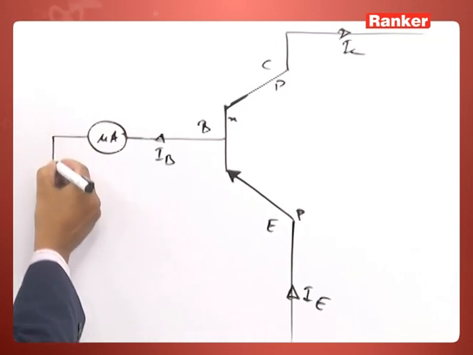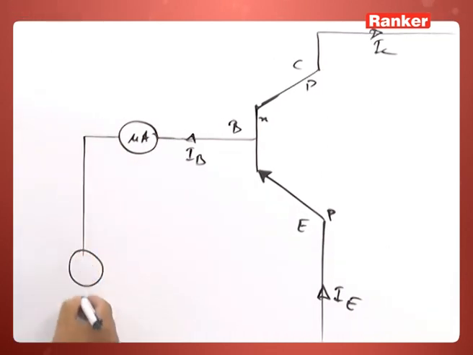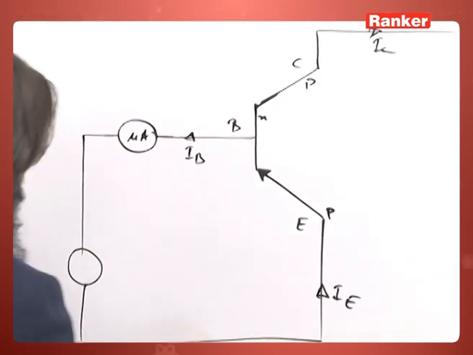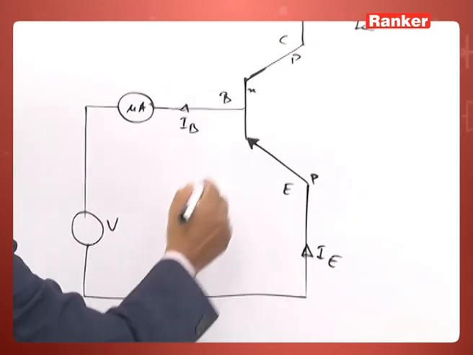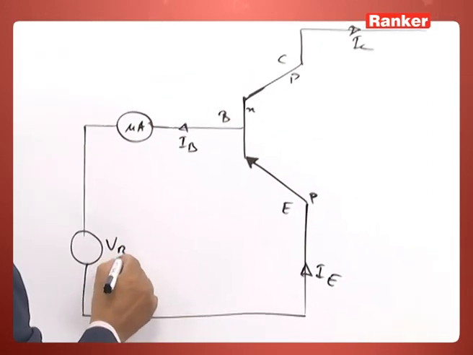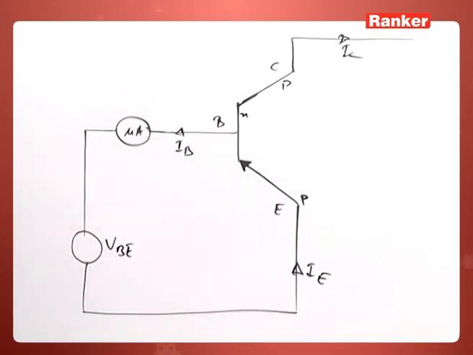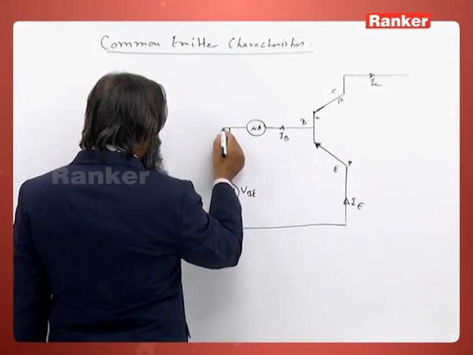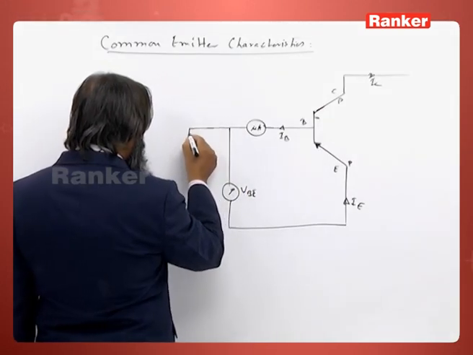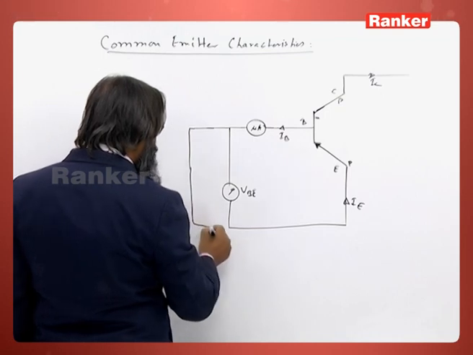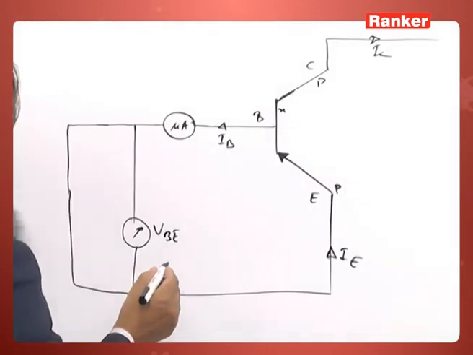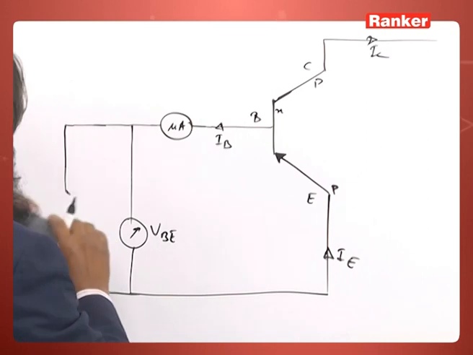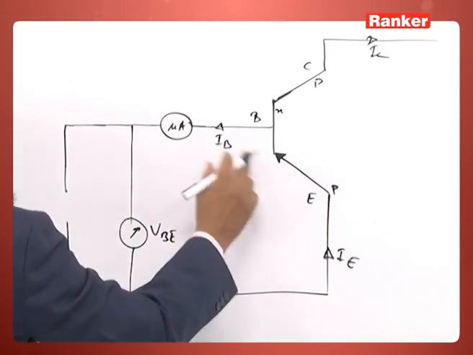Next we have a voltmeter here that will be used to measure the emitter base voltage VBE. The voltage between base and emitter will be measured by this voltmeter. And now I give a biasing here. This is forward biased, so I have to keep this junction forward biased.